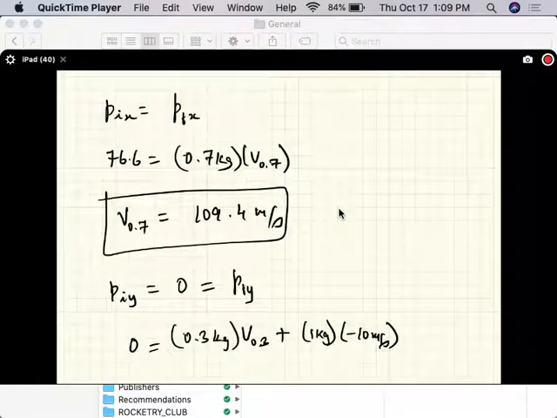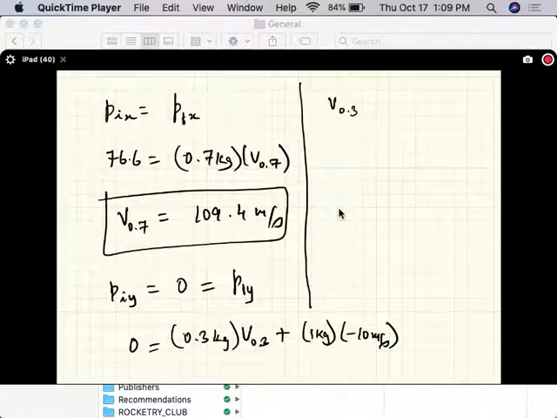So the velocity of the 0.3 kg object is 10 divided by 0.3, which is 33.3 meters per second. So now we have the velocities of the 3 objects after they exploded.